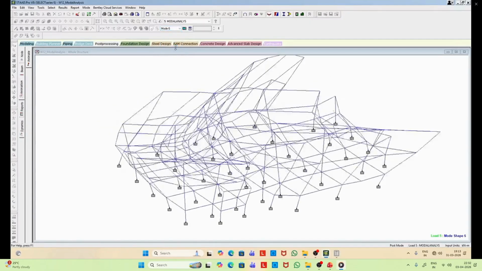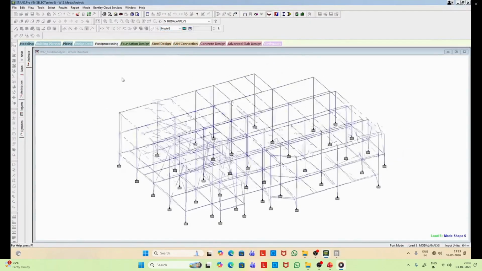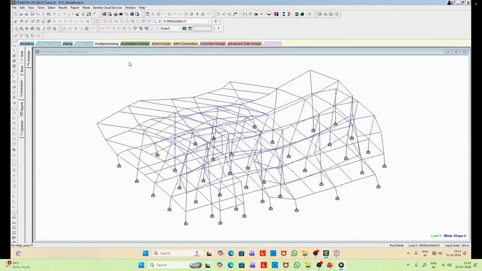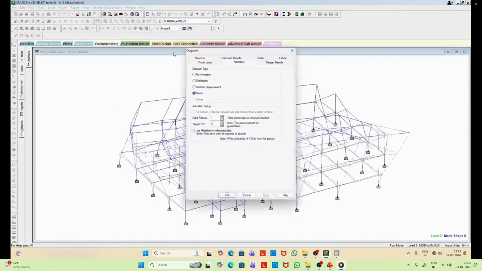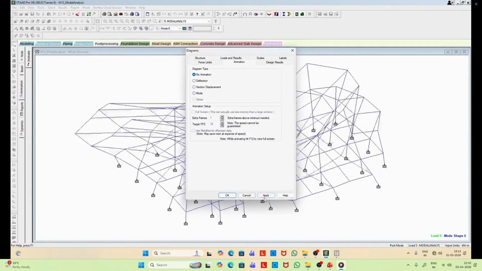So you can go to higher modes, and of course the scale of this vibration is exaggerated, but these are the modal responses.